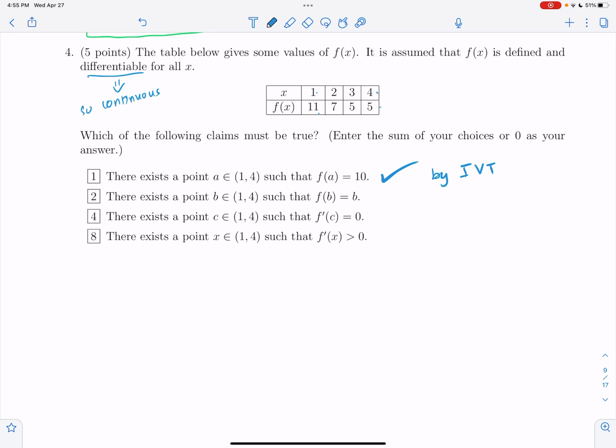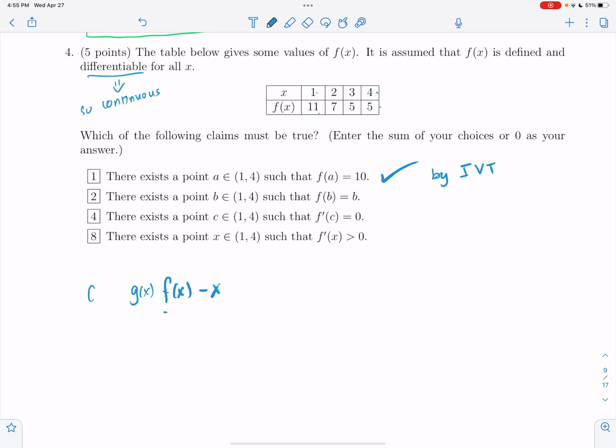Now let's take a look. The second part says there exists a point B in 1 to 4 such that f of B equals B. Now, we want the function value to equal B. Well, what can we see? If we look at the function f of x minus x, since f is continuous and the function x is continuous, this difference is continuous.